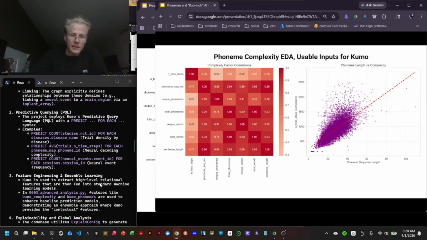This was on the length of the phonemes, how complicated they are to say, how verbose. I think I chopped it up with some sort of tokenizer. I can't remember what I had used for this, but the phoneme length and the complexity of that, how often they appeared, and how many time steps it took for each one of them to see, oh, well, that one is actually a harder phoneme for someone with ALS.